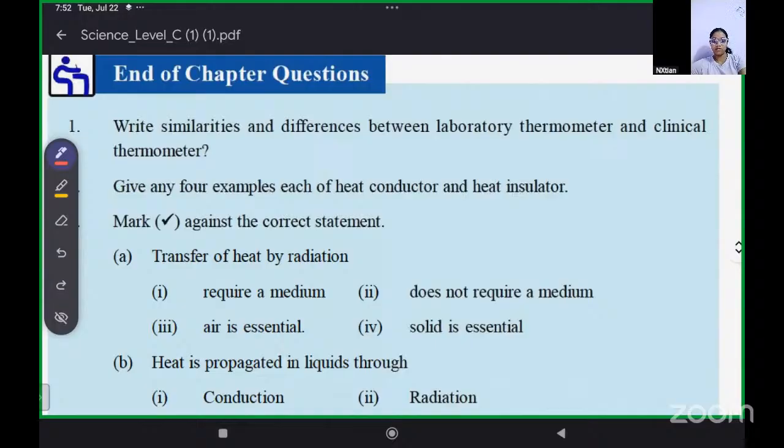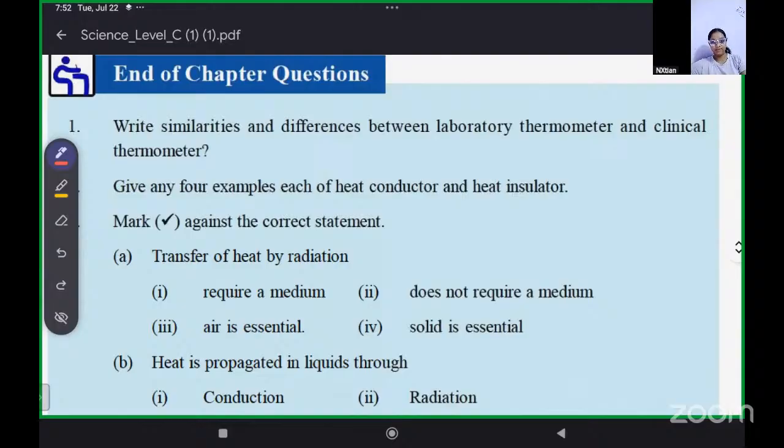Wait, the clinical thermometer ranges from 35 degrees Celsius to 45 degrees Celsius, which is 94 Fahrenheit to 108 Fahrenheit. But the laboratory thermometer ranges from 0 degrees to 100 degrees.